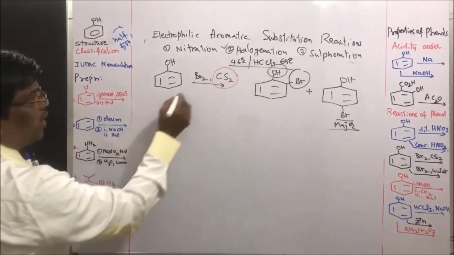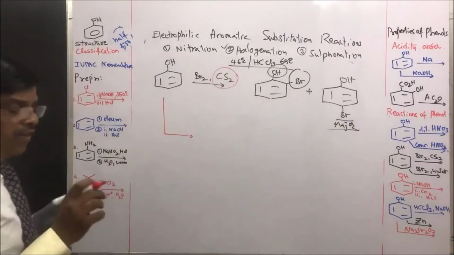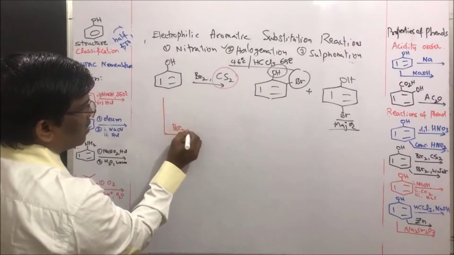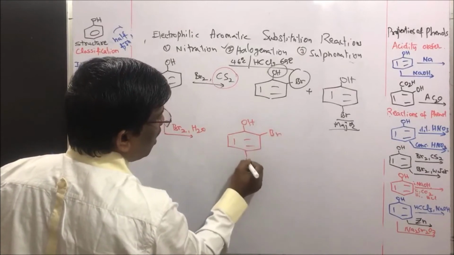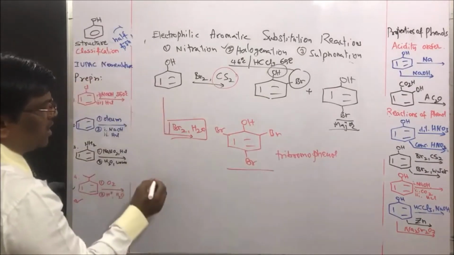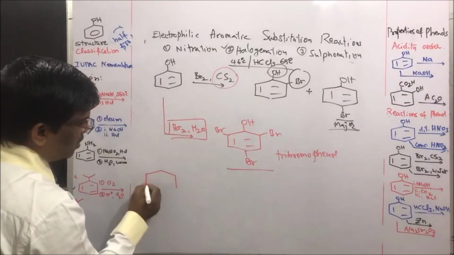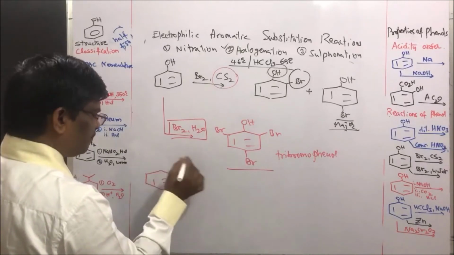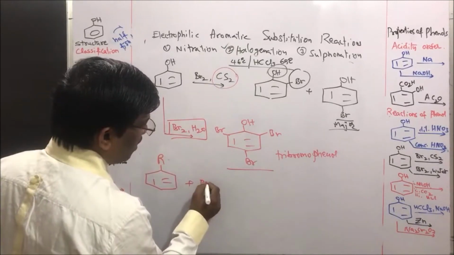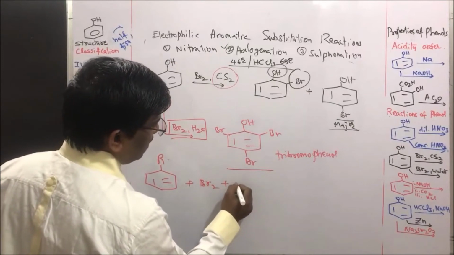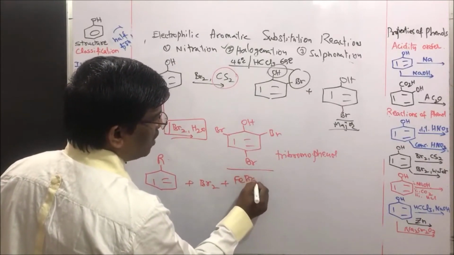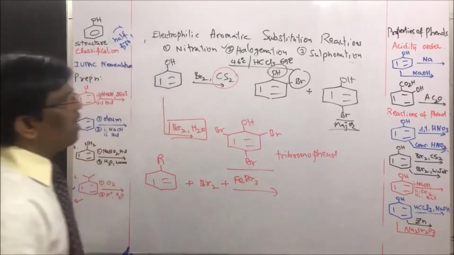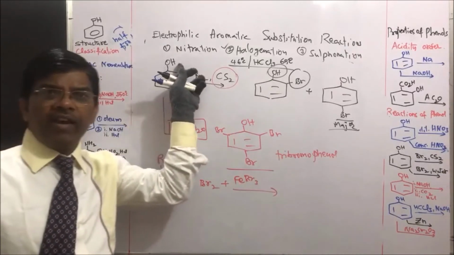Yes, students, if I do the bromination with bromine in water, it undergoes tribromination to give tribromophenol. Usually, bromination of aromatic compounds, for example with an R group here, requires bromine plus a Lewis acid like ferric chloride or ferric bromide. However, phenol is a strong activating group.